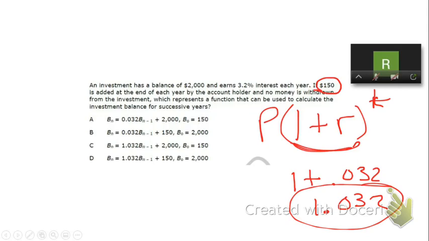So looking at these, there's only 2 of them. And finally, you have a balance of $2,000. That's what you're starting off with. That's your initial value. Which one has a balance of $2,000? Only these 2. That's your initial value, B0. I think you guys can figure it out because when you find this one that's being multiplied there, you already know your answer.